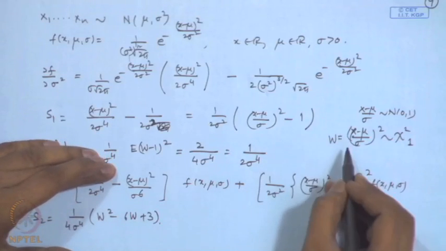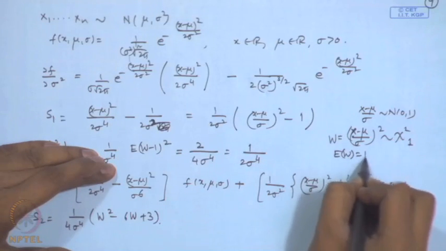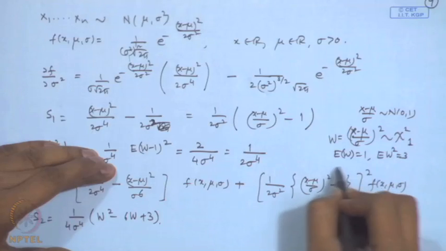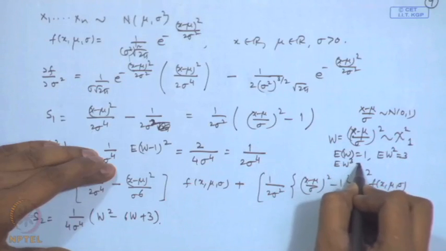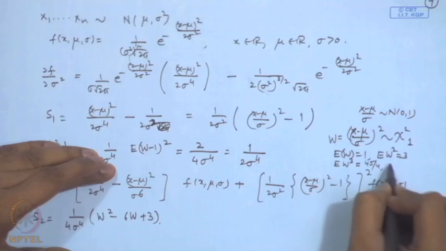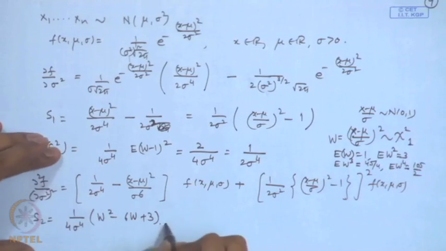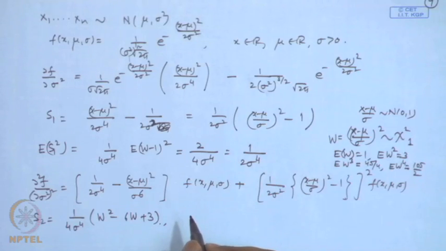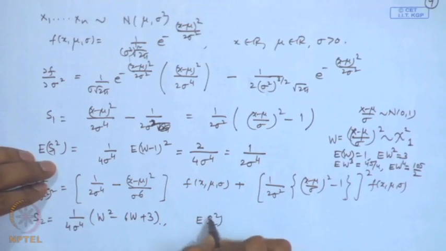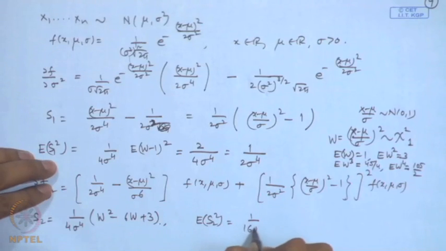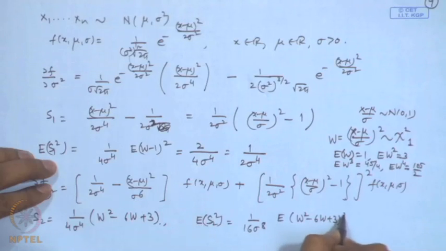Expectation of W is 1, expectation of W square is 3, expectation of W cube turns out to be 45 by 4, expectation of W to the power 4 turns out to be 105 by 2. So, you can calculate expectation of S 2 square as 1 by 16 sigma to the power 8, expectation of W square minus 6 W plus 3 whole square, which is 33 by 32 sigma to the power 8.